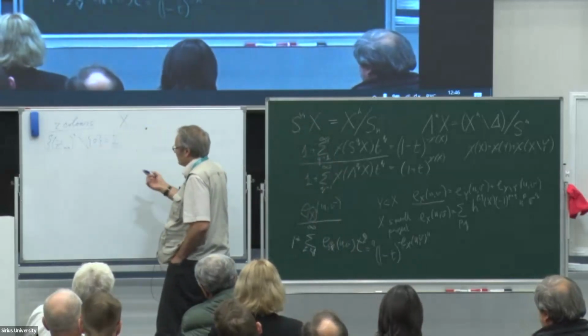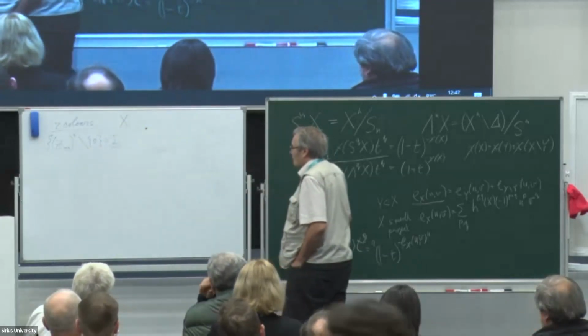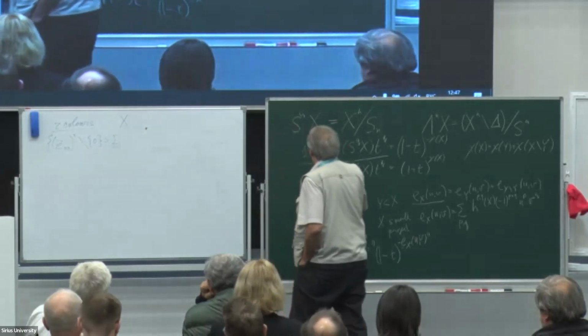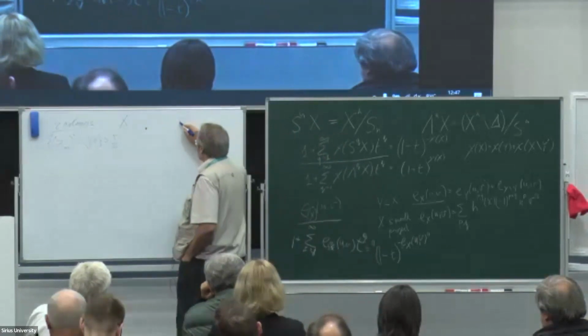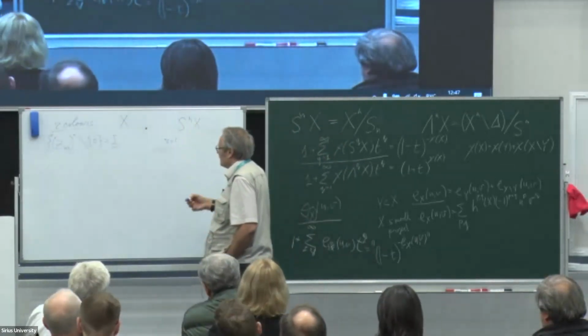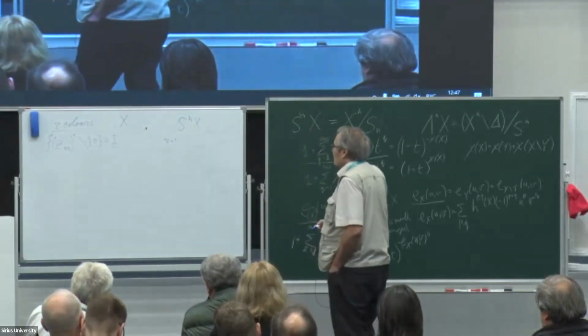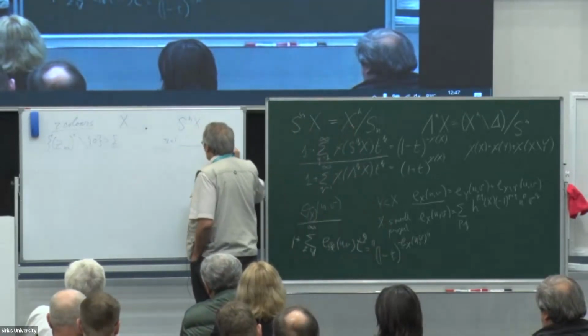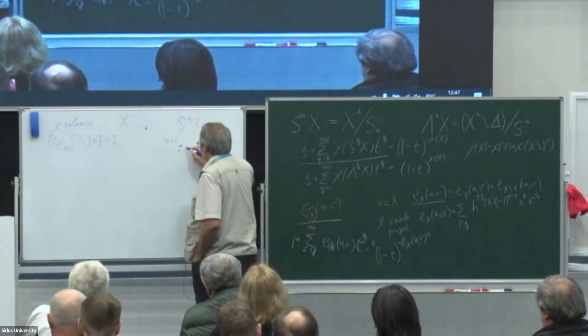Some combinations are permitted, some are not. Now, for example, Sym^n X is defined like that. In this case, r is equal to 1, you have only one color, and all possible multiplicities are permitted except 0.